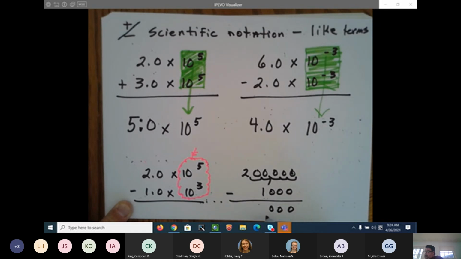And 200 minus 1 is 199. So if you add or subtract and you don't have like terms, then you have to turn it into the decimal terms. Or you could do it on your calculator, and I'll show you how to do that also.